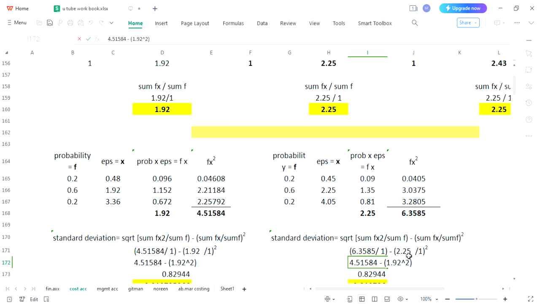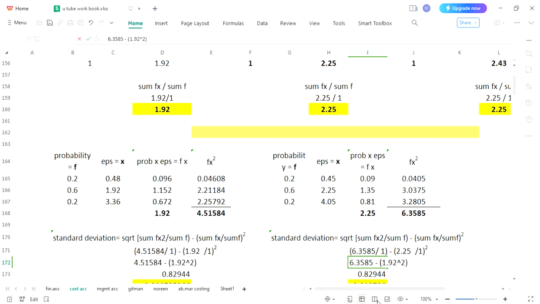This is actually not needed, we can delete it. Why have we written it? We were dividing by 1, so let's write it down: 6.3585.